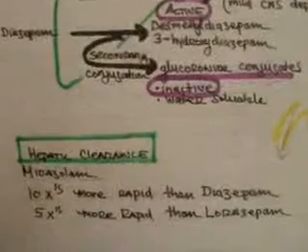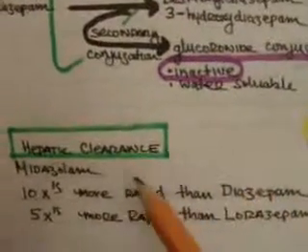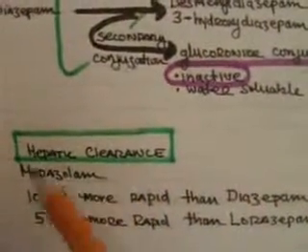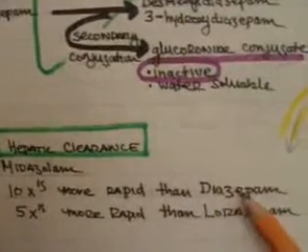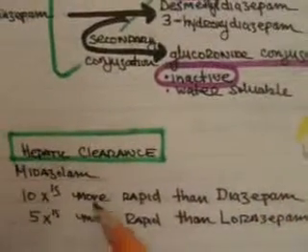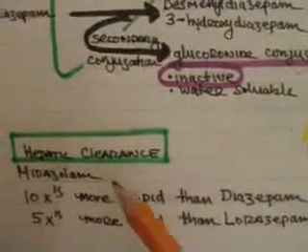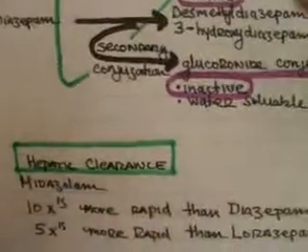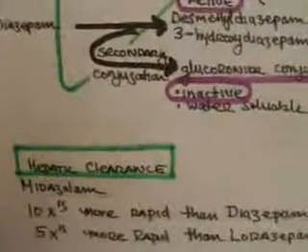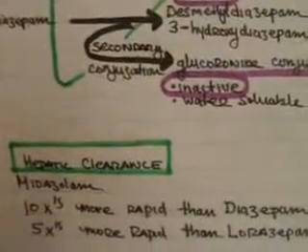The interesting thing about midazolam, as far as hepatic clearance, is that midazolam is about 10 times more rapidly cleared than diazepam, and about 5 times more rapidly cleared than lorazepam. This explains why midazolam is often used as one of the pre-medications for induction of general anesthesia.